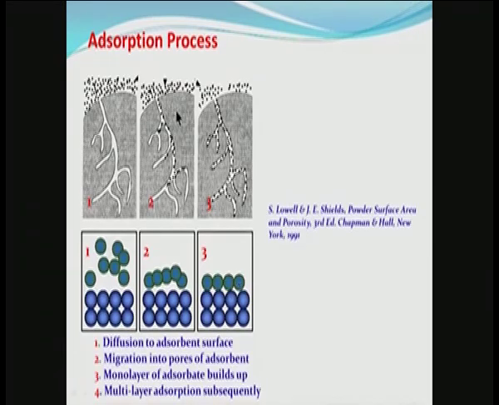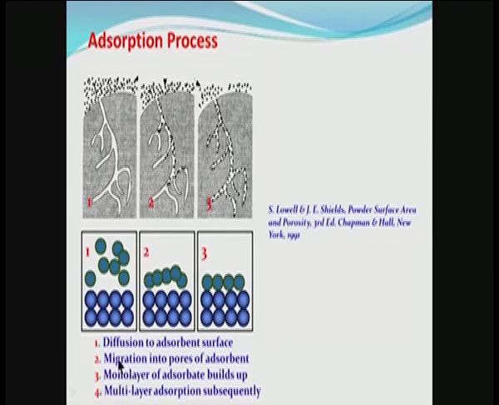These cartoons illustrate the adsorption process further. The adsorption process involves diffusion of the adsorbate to the adsorbent surface. So, these molecules of the vapor phase or the gas phase have to diffuse to the adsorbent surface.